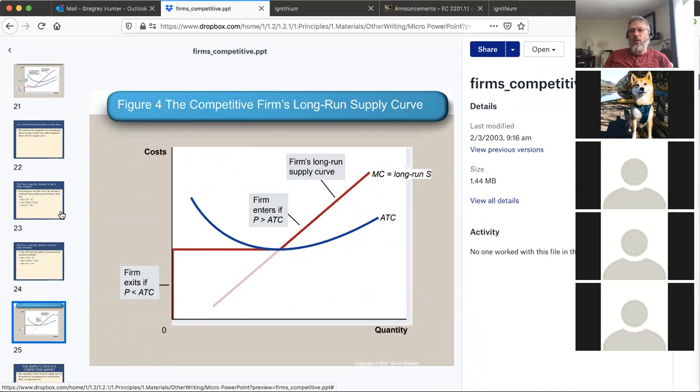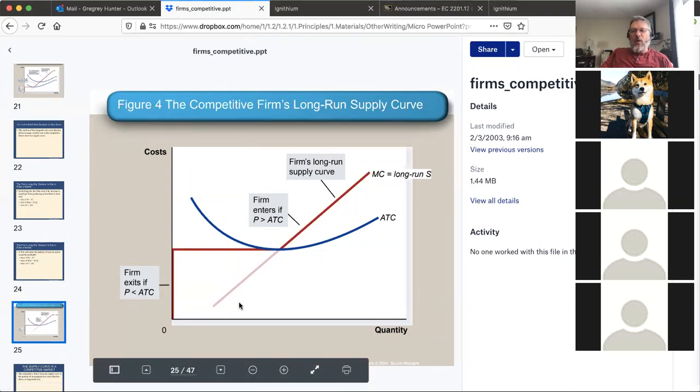The definition of the short run is any length of time where the firm has at least one fixed factor of production, one thing they can't change. And however long that lasts until they have enough time to be able to change it, that's the short run. Once all factors are variable, then you're in the long run.